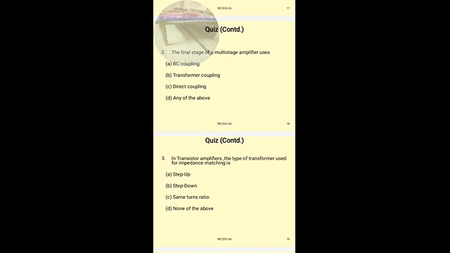To make RL dash equal to RL, the turns ratio N2 must be very high compared with N1, so it is a step down transformer.